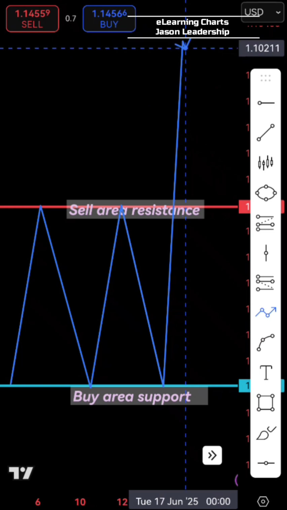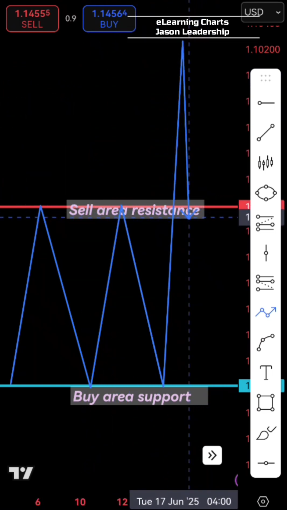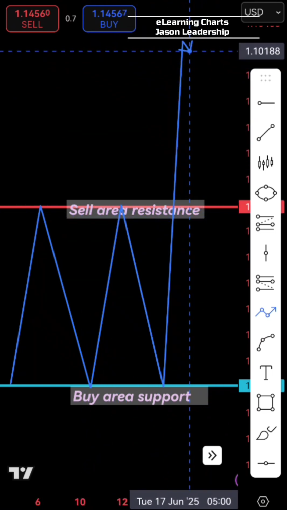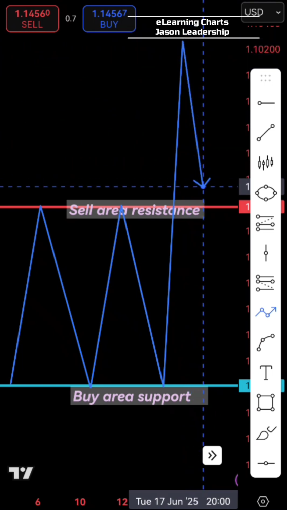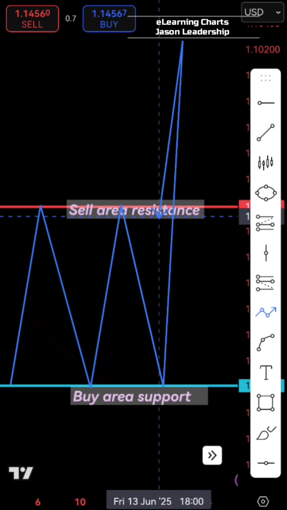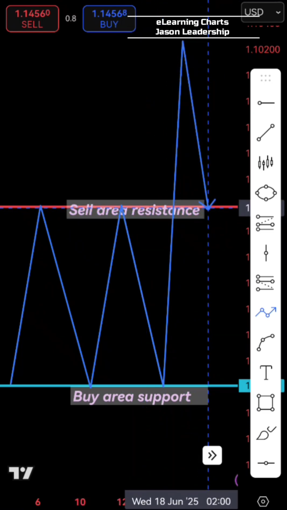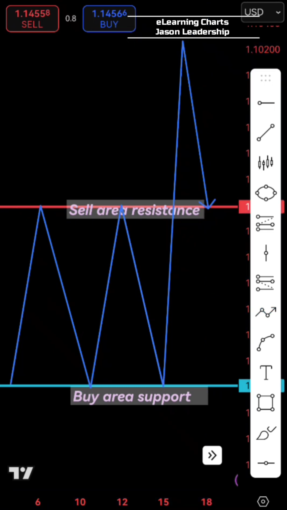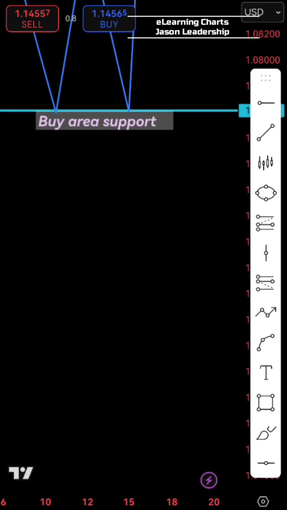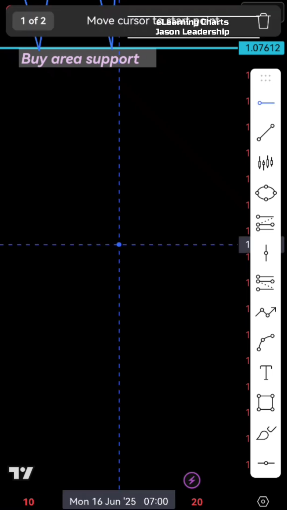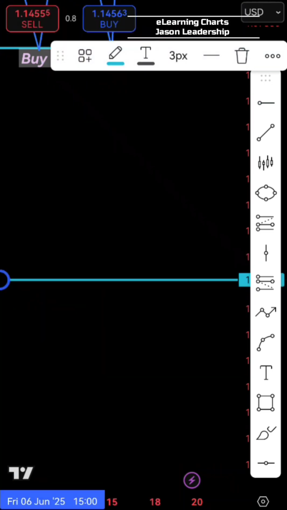So it comes back down here where it previously broke these prices to create a new higher price, and this new high price is now the new selling area, and this new low price which we broke above is the new buying area. So we're going to stop here. All right, we are now learning in depth about new prices being created and new key levels being created.